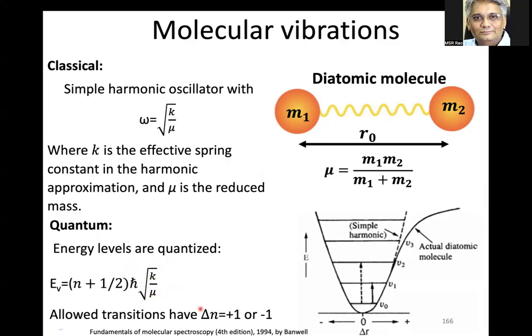And so the allowed transitions here are delta n equal to +1 or -1. And this is a typical energy versus interatomic distance concept that we have seen earlier in the earlier classes.